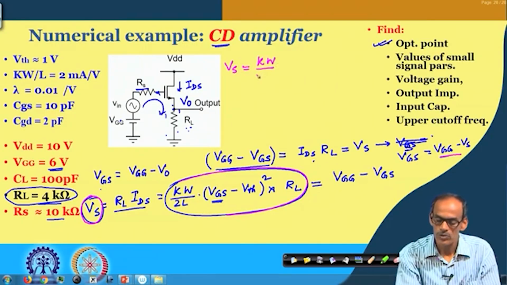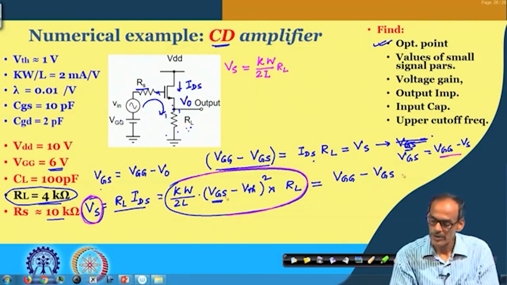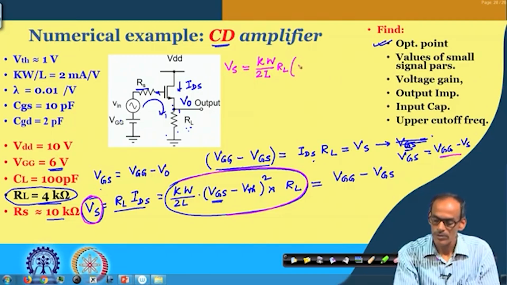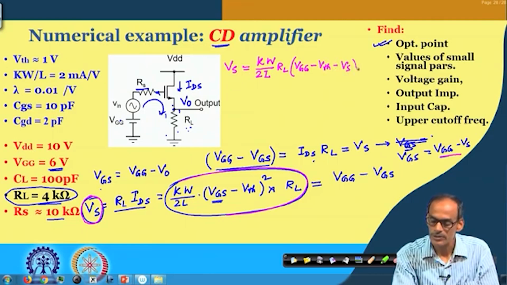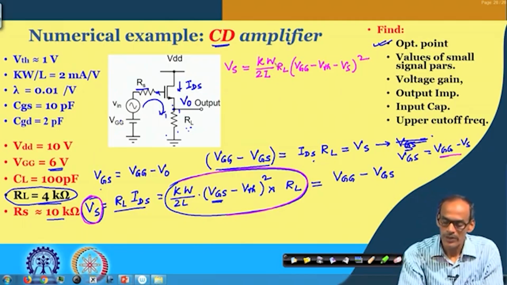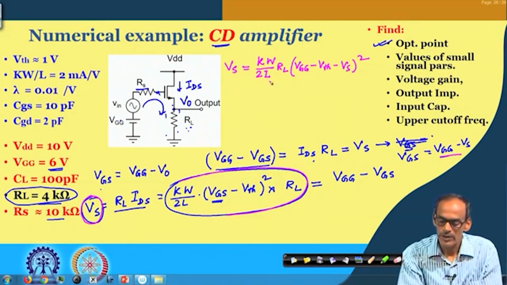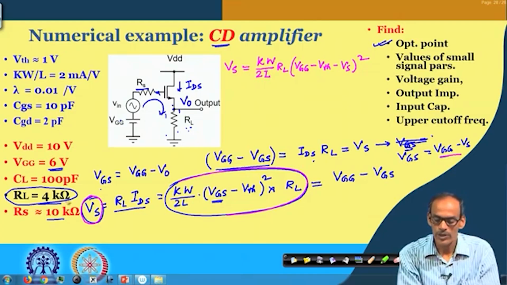K W by 2 L into R L multiplied by V g s, which is V g g minus V t h minus V s, square. Now let me put the values of the different parameters here. We have R L equals 4 k, and this part is 1 milliampere per volt.